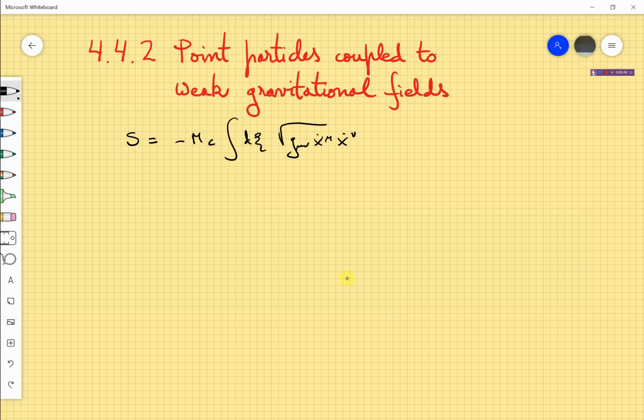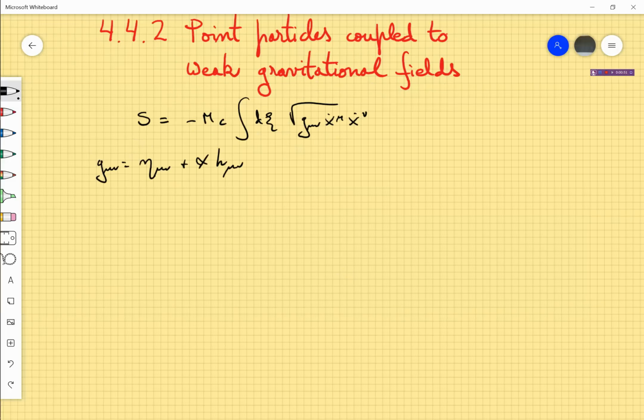and we know that the weak field limit can be studied by studying this expansion considering h and chi very small.